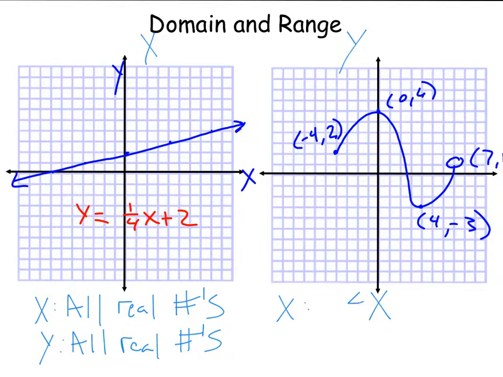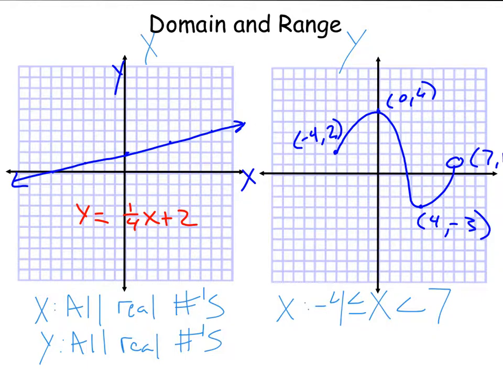Now back to the domain here, I'm looking left to right. And I look over to the left and I see this point where the graph stops, and that's at -4, and it never goes to the left. And then I look over to the right, and I can see it goes all the way over to 7. So with the restrictions I have here, x can be between -4, and notice I included it because the circle was shaded, and then I went all the way over to 7.